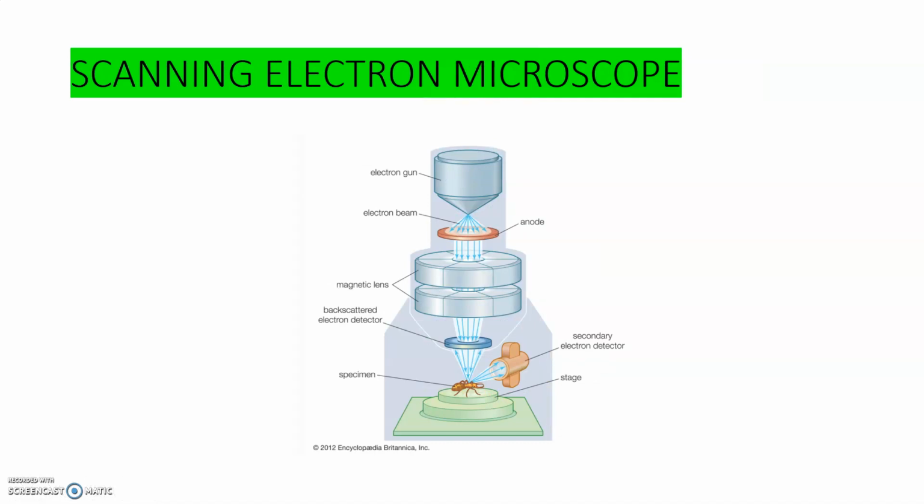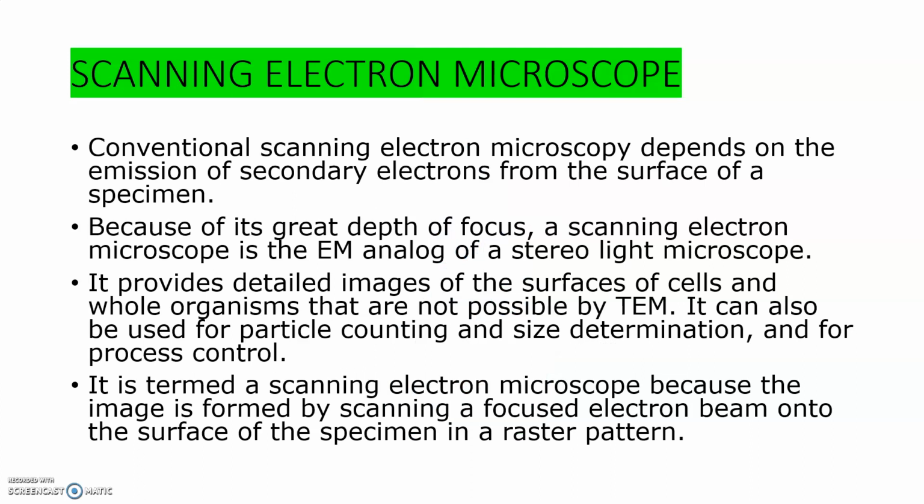Next is about the scanning electron microscope. The conventional scanning electron microscope depends mainly on the emission of secondary electrons. With its great depth of focus, this microscope is the electron microscope analog of a stereo light microscope, and it provides detailed images of the surface of the cells, not internal, surface structures and whole organization that are not possible by TEM.